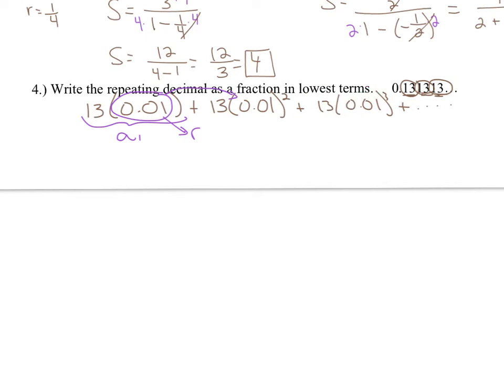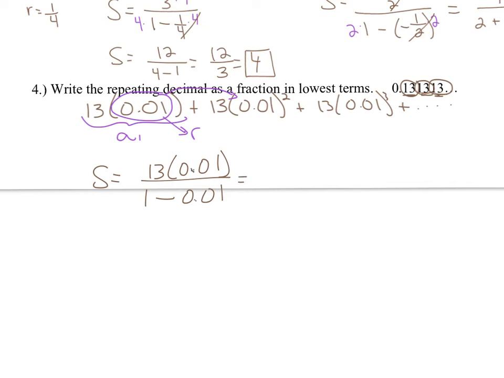So again, this ratio is less than 1, so we can use that formula. So it'll be S equals a sub 1, which is 13 times 0.01, divided by 1 minus 0.01.